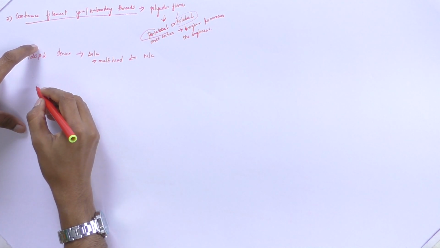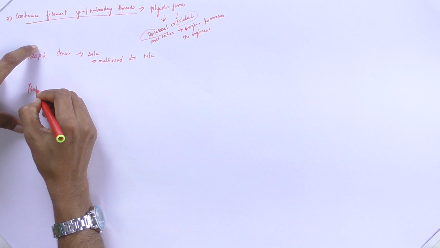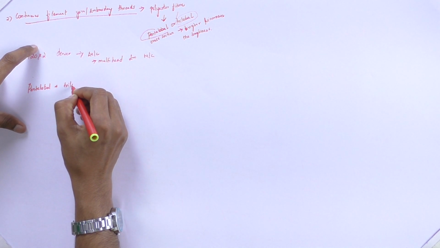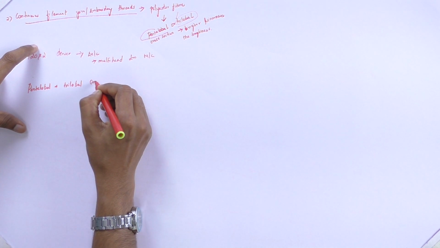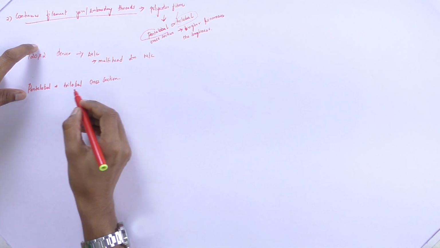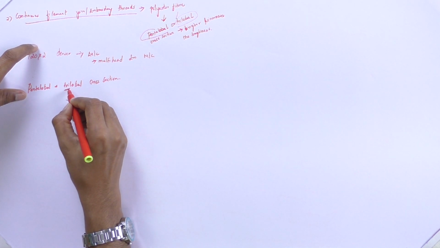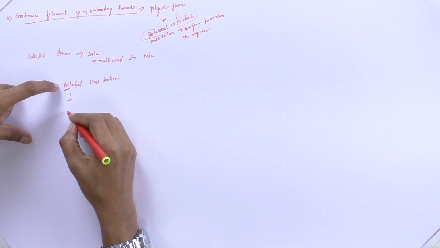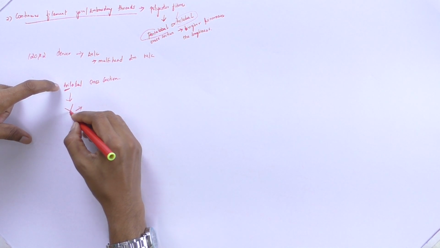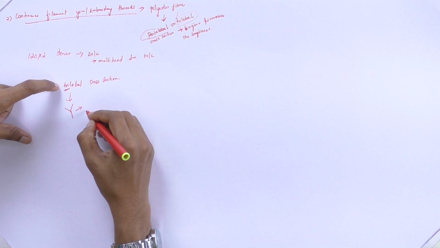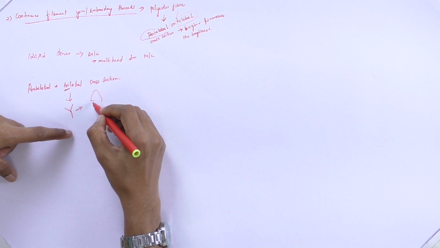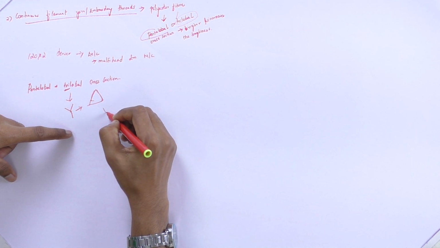Actually, let me explain what is pentalobal and trilobal cross section. Trilobal, as the name implies, has a trilobal structure, like a triangle shape.